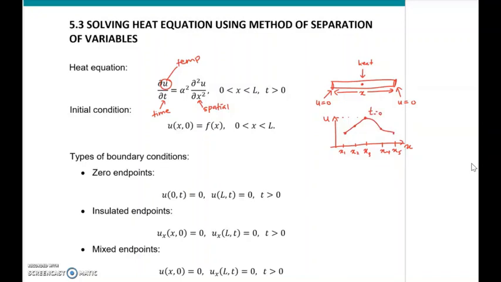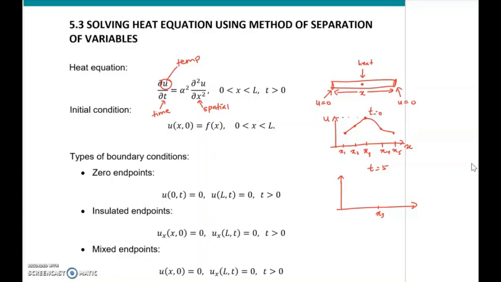We should know that t is the time, so time evolves.